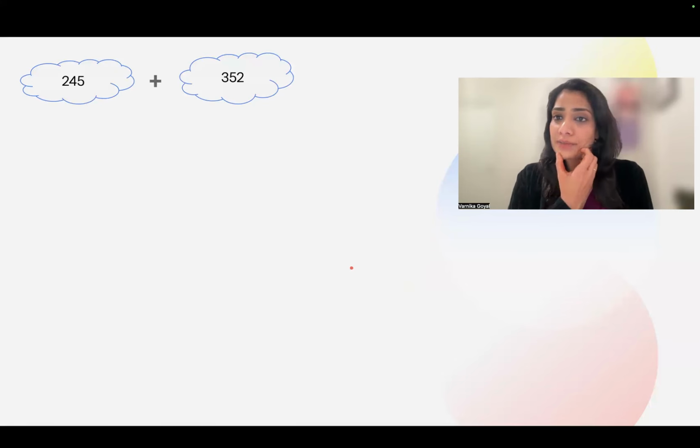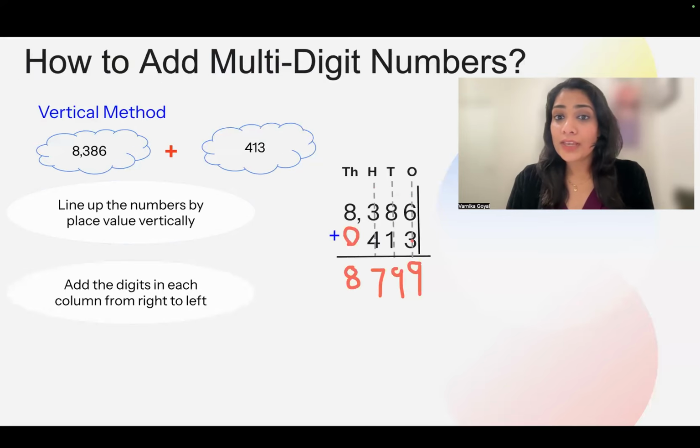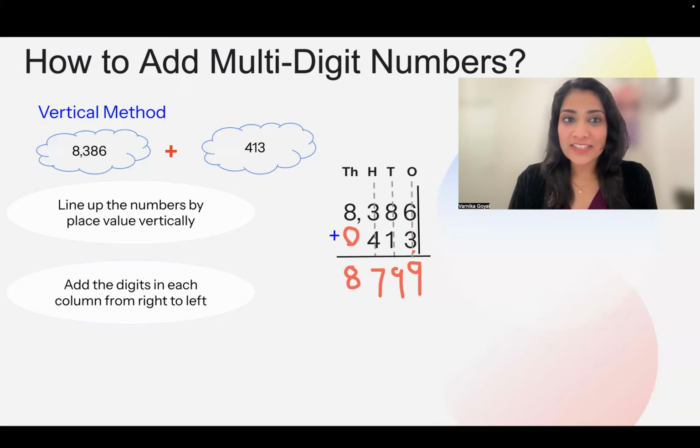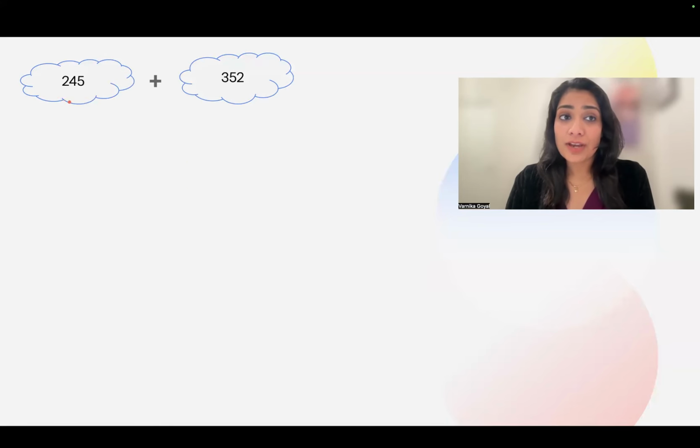But have you wondered why we are actually lining these up and why we are adding them this way? Let's actually understand the basics. Say we previously added 245 with 352. Actually, what is 245? It's made of 5 ones, 4 tens, and 2 hundreds.